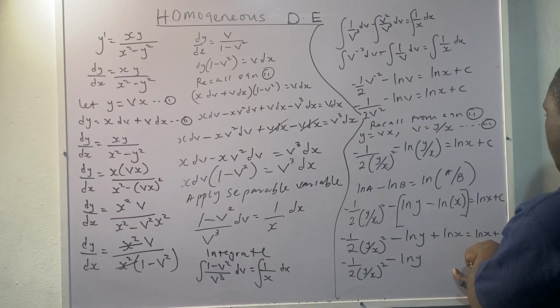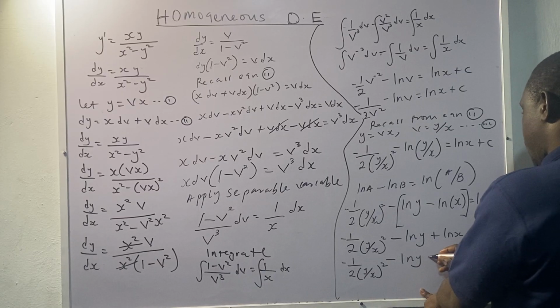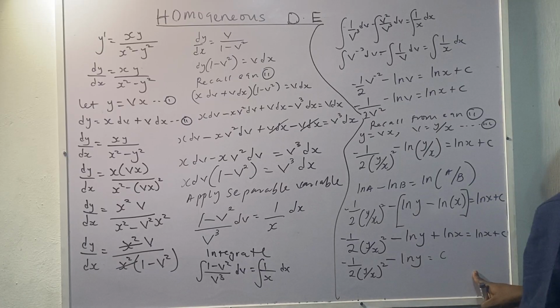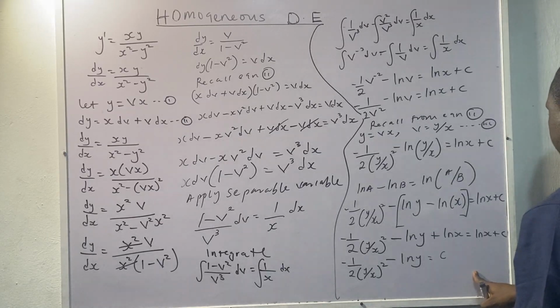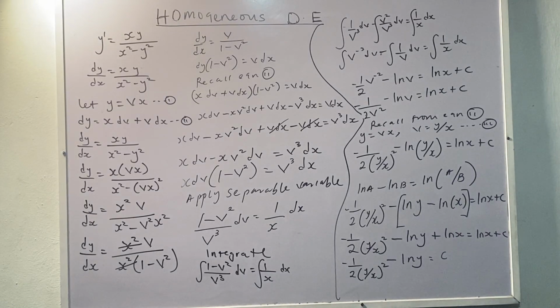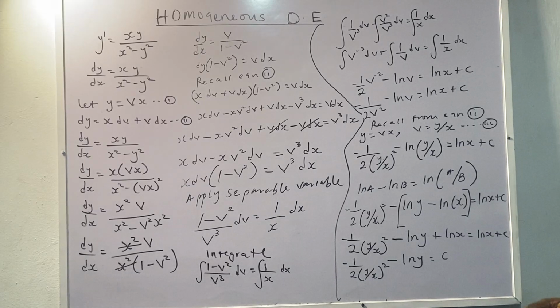So if you take this one here, equals to, so let's say C. Yes, let's say C. So you have this, because this one will go here, and then when it goes here, you are left with C here. So you can do this.